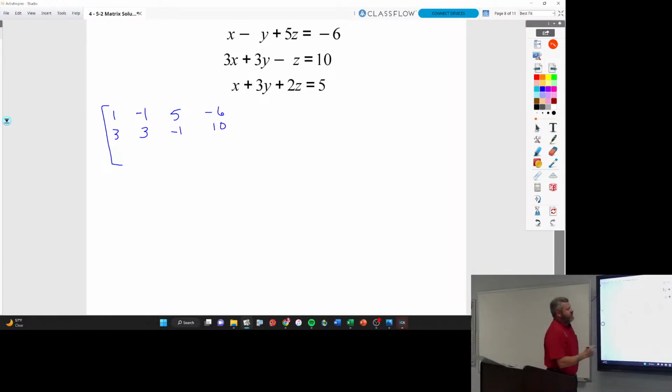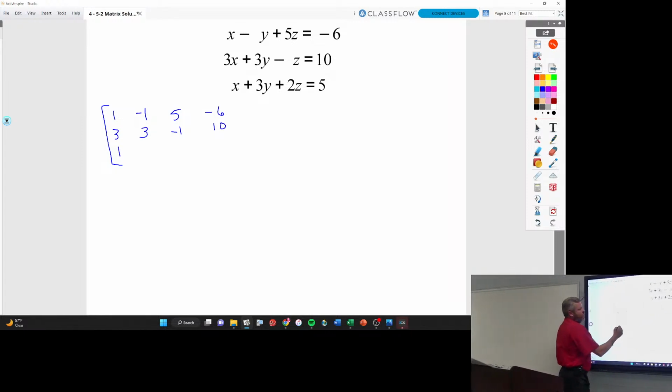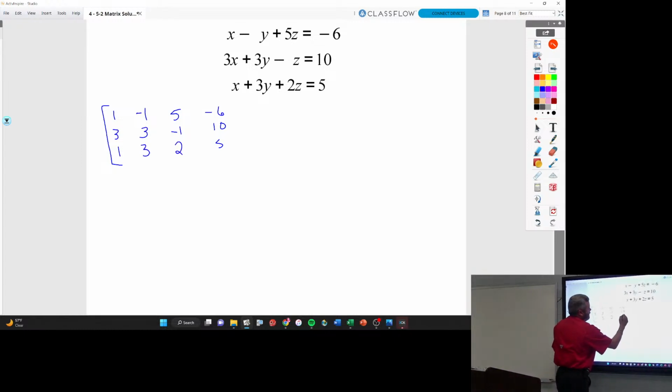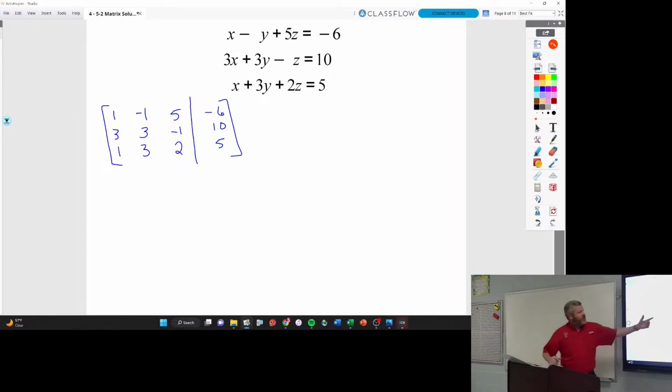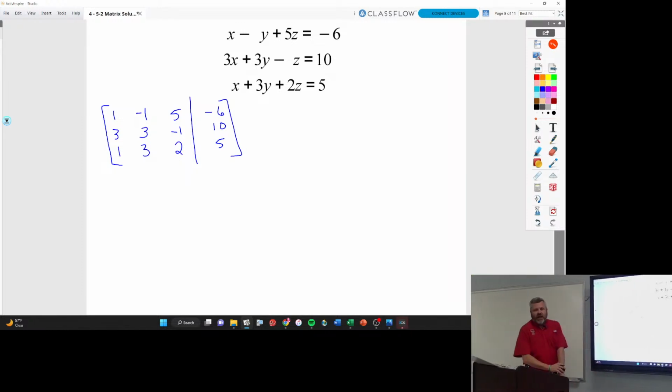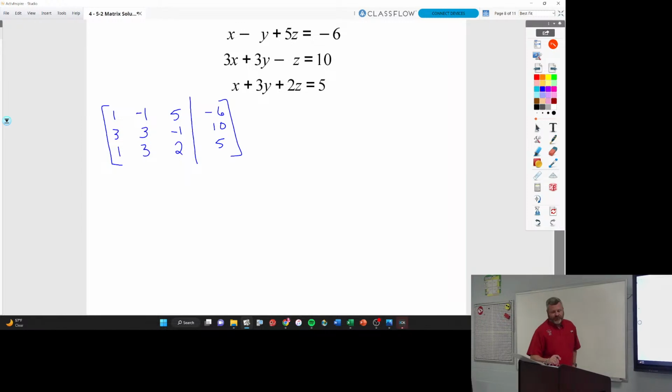And the third equation, x coefficient is 1, y coefficient is 3, z coefficient is 2, with a solution of 5. There's my matrix. If you want to show the augmented matrix by separating the coefficient matrix from the solution matrix, you can draw that line, but again, that's not necessary.